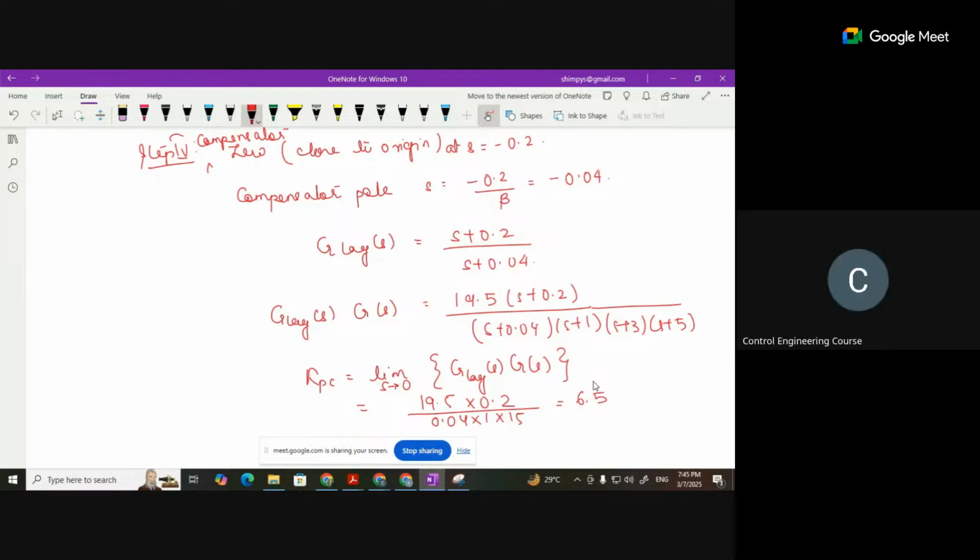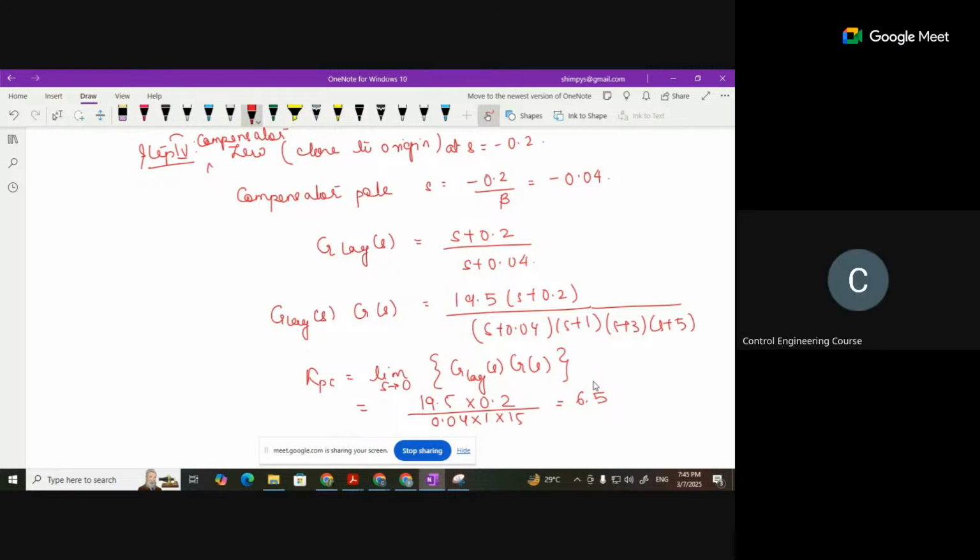Ma'am, the peak formula we are using, it is when the input is a step, right? The peak overshoot you're telling? Yes.